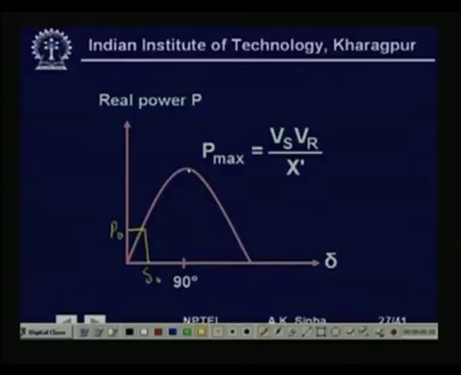That is why this P max at delta equal to 90 degrees, which is given by Vs into Vr by X dash, is also called the steady state stability limit.